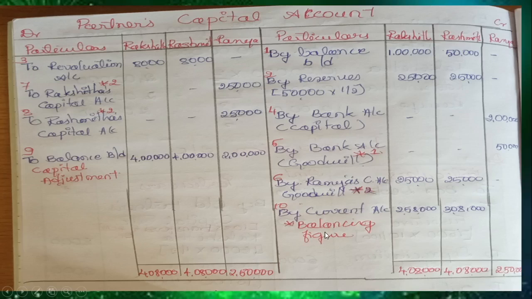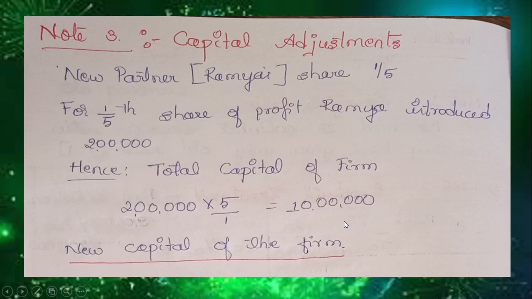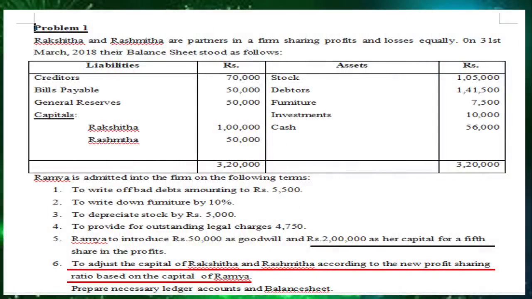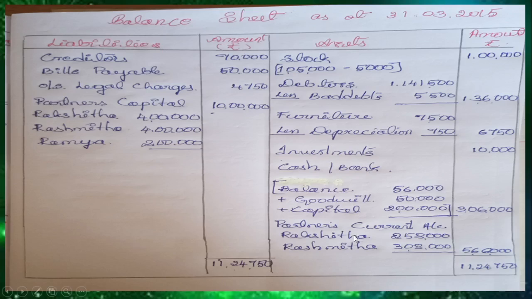If the current account balance is on the credit side, we transfer it to the liabilities side. If the current account balance lies on the debit side, we transfer that to the asset side. Here it is on the credit side, so we are going to transfer the balance accordingly.